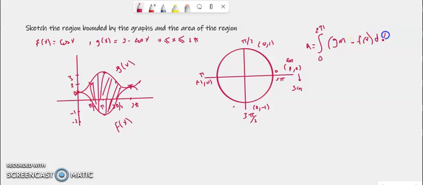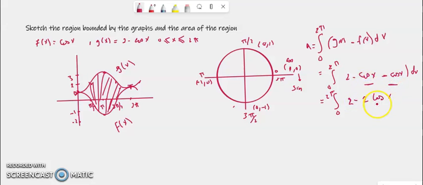dx, from 0 to 2 pi. And then let's substitute. g of x is 2 minus cosine x, minus cosine x, dx. So it equals the integral from 0 to 2 pi of 2 minus 2 cosine x, because we have cosine x and minus cosine x, dx.